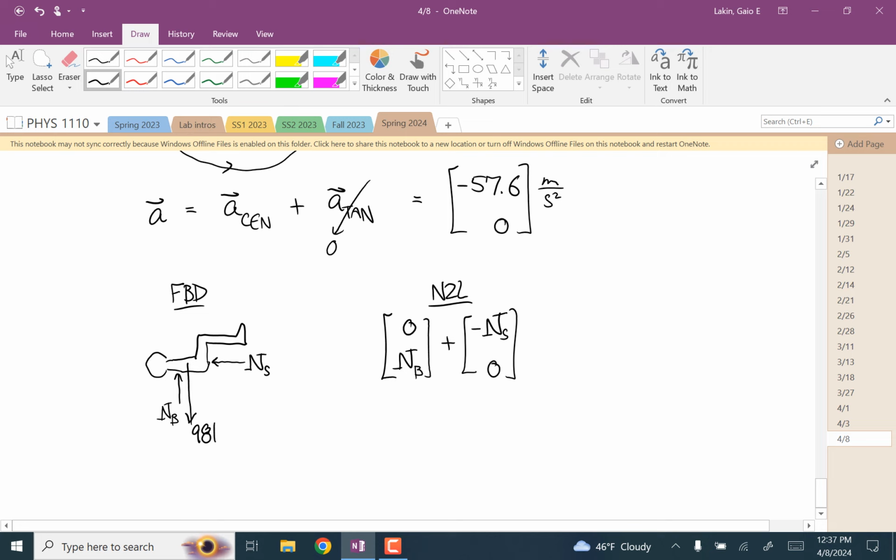The weight is in the negative y direction. And this is equal to the mass times the acceleration that we already figured out.